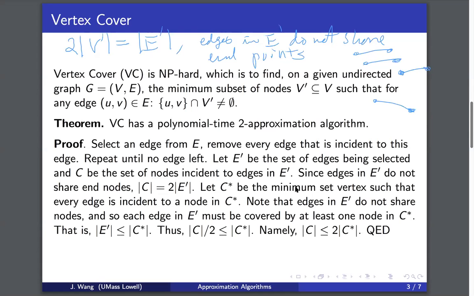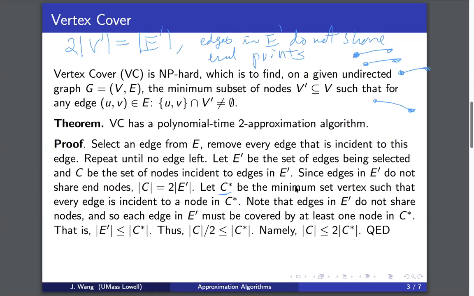Okay, so now let's see this. These are the edges, and these edges must have at least one point in V star. Oh, I call it C star, sorry. Because C star covers all these edges, for any edge at least one point is covered by C star.